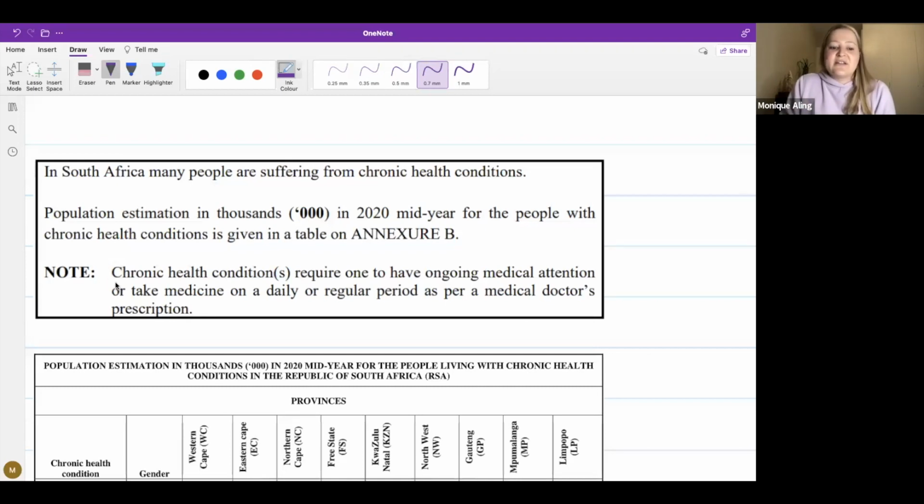And then they just give you a little side note saying chronic health conditions require one to have ongoing medical attention or take medicine on a daily or regular period as per a medical doctor's prescription. So they're just telling you what a chronic health condition is.